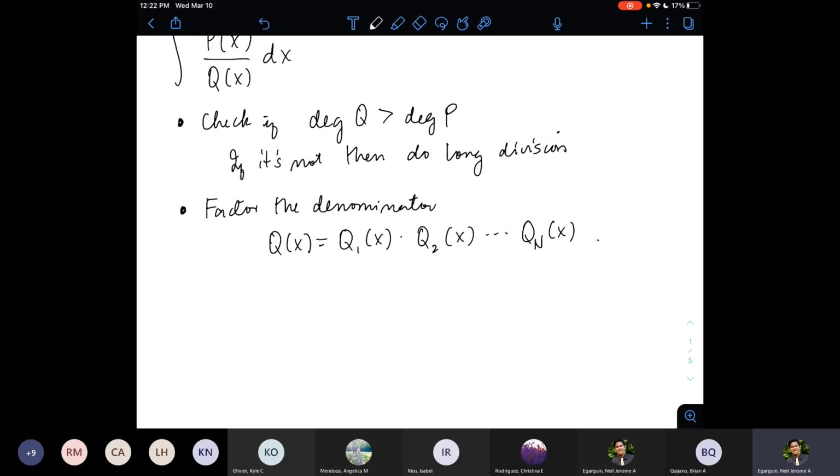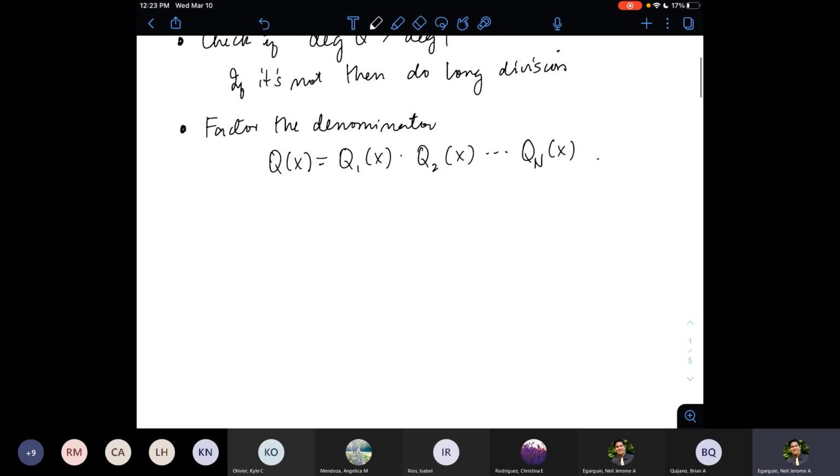Otherwise, partial fraction decomposition might not work, okay? So Q1 until Q capital N are all irreducible, or non-factorable expressions anymore, right? Why do we want them to be irreducible? Because the form of all those factors will tell us how to decompose the big fraction into several little fractions, right?